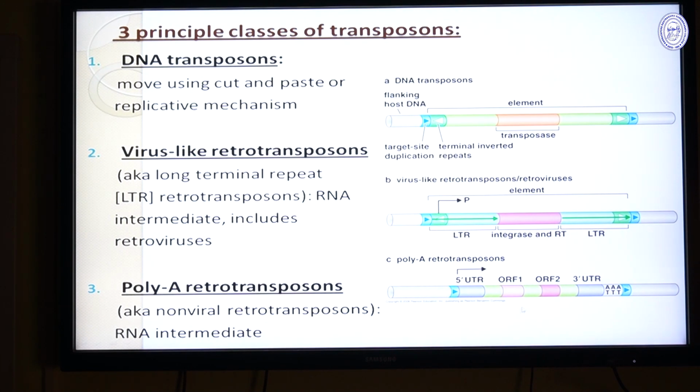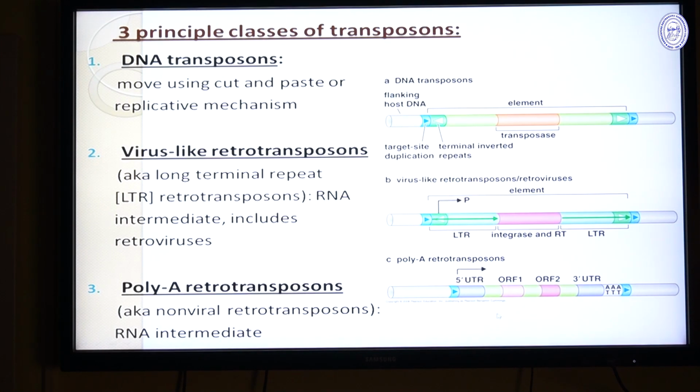Okay, now coming to the poly-A retrotransposons. They have a somewhat similar structure to the retrotransposons, but they do have the non-viral part, and they also undergo replication with the help of an RNA intermediate, but they also have a poly-A tail.